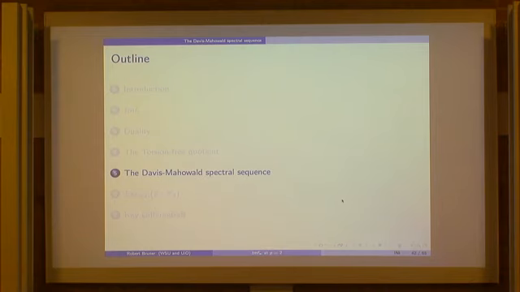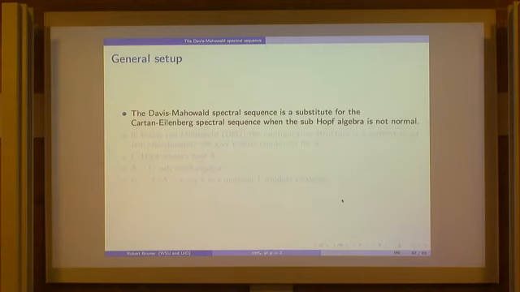I kind of thought I would only have time for the homotopy and not for how we do this, but maybe I'll just tell you that. The Davis-Mahowald spectral sequence is a lovely spectral sequence which allows you to do something like the Cartan-Eilenberg spectral sequence, but with a non-normal subalgebra.